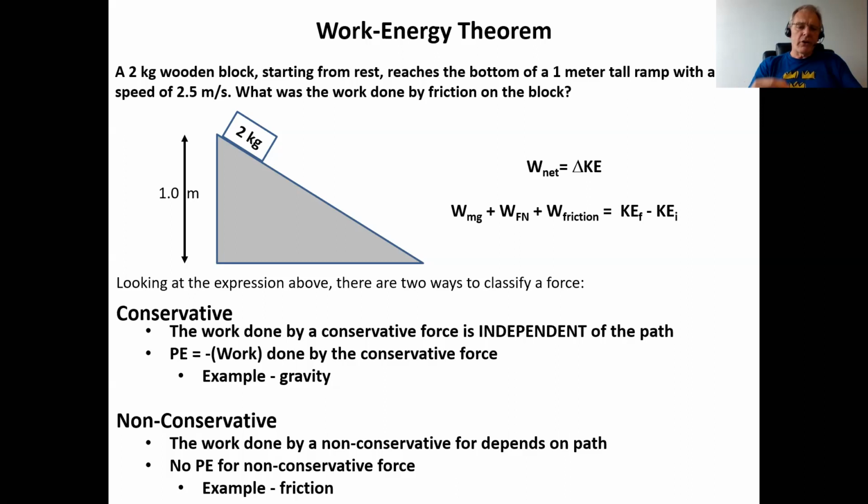So there are a number of different conservative forces. For example, gravity, and spring forces generally would be conservative. Electromagnetic forces are conservative. Most of the forces, all the fundamental forces that you know, are conservative.